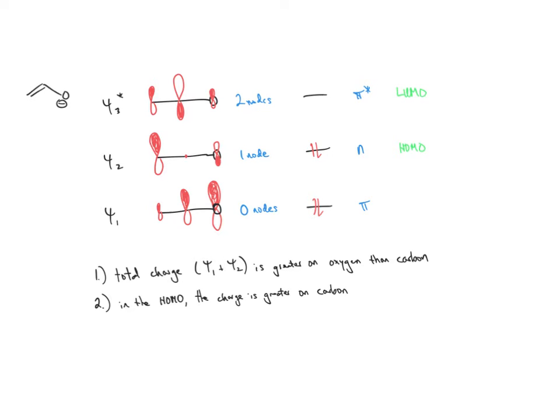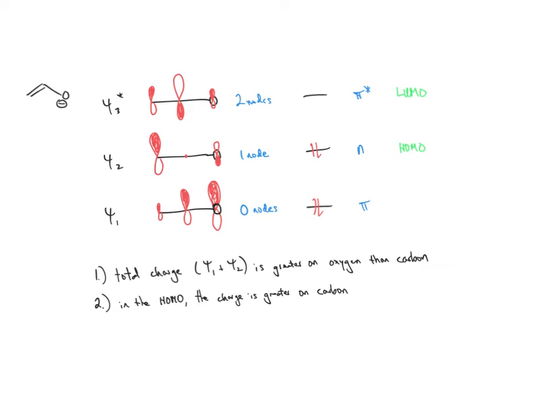You can either react at carbon or on oxygen. And so in this particular instance, what we're saying is that the greater charge is on carbon. How do we decide which one is going to react? Well, actually, that is determined by the experimental reaction conditions.